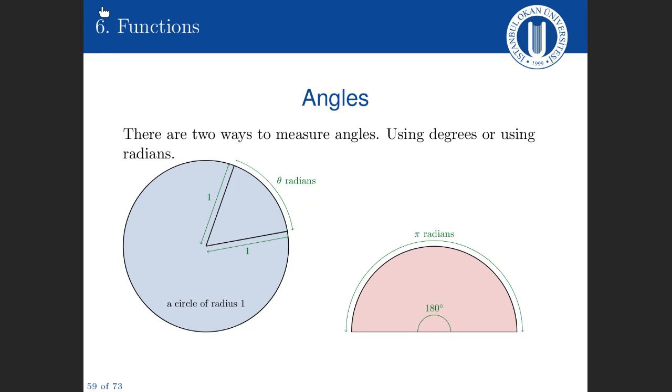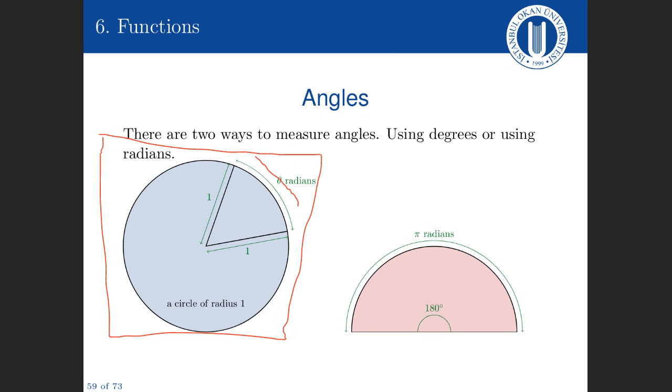To understand, first let's look at this circle. Let's suppose I have a circle of radius 1. And let's suppose I have some angle, this angle just here. How can we measure this? We could use degrees.